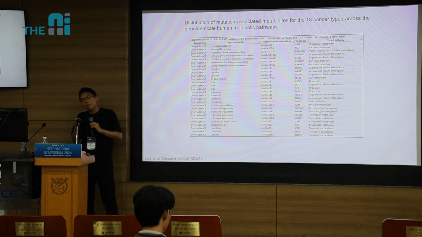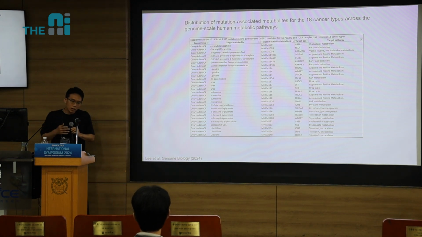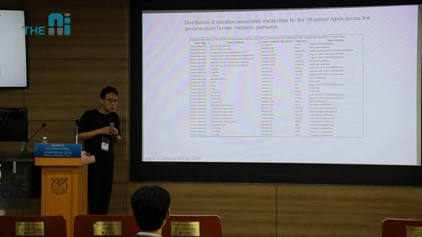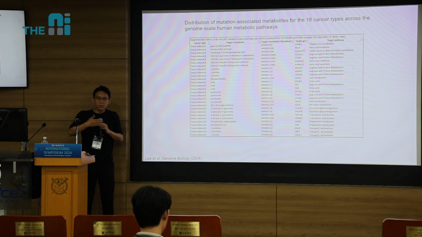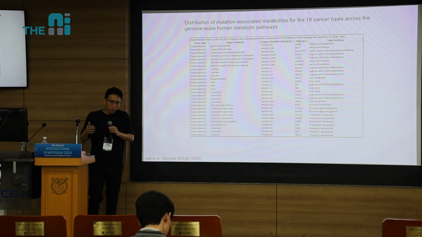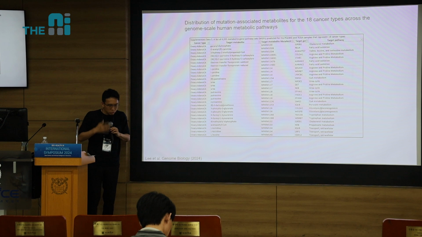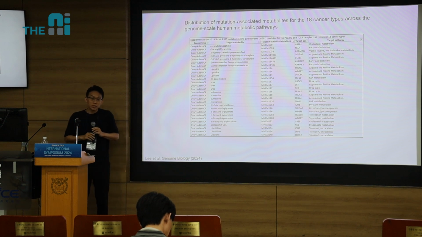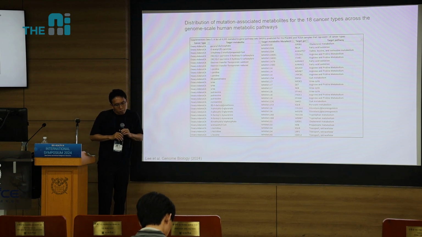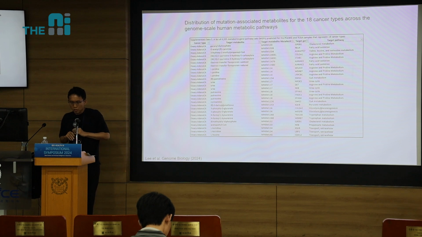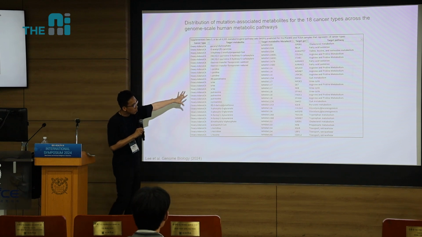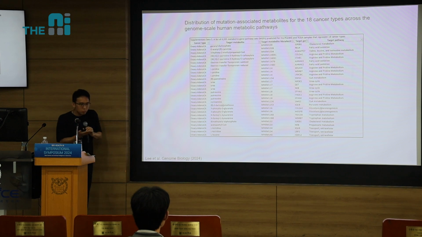Now, this is not a resource that is expected to be used in a clinical setting, but rather I think of it more as a resource for fundamental studies. So in the future, if anybody wants to study particular oncometabolites, we hope that this resource serves as a sort of reference information.